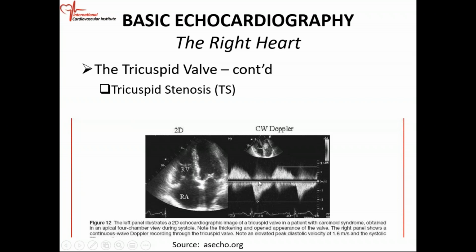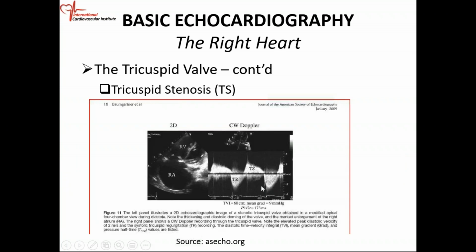And then when you do your Doppler, this is your tricuspid inflow. If you trace it, it will give you the gradient. There is some TR there as well, systolic TR, so you have some tricuspid regurgitation and tricuspid stenosis.